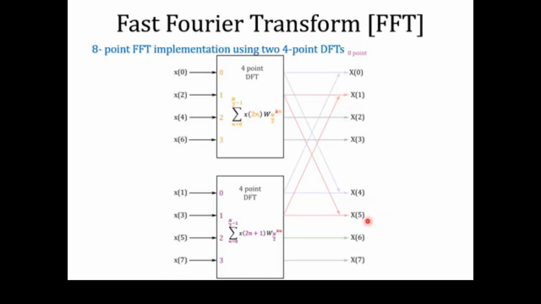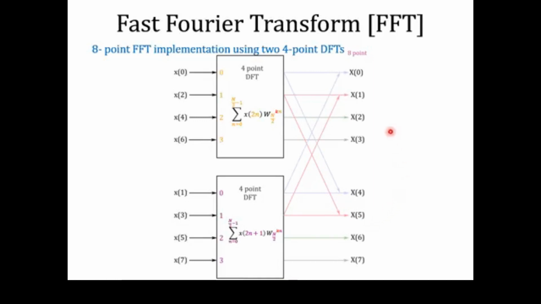Similarly, in order to find X of 5, we again need A of 1 and B of 1. So B of 1 is this sample, which is shown as a straight line here, and we have to draw a line from this point to this point in order to use A of 1 sample here for addition purpose. Here I have just put k is equal to 1 in equations 1 and 2, which were discussed earlier.